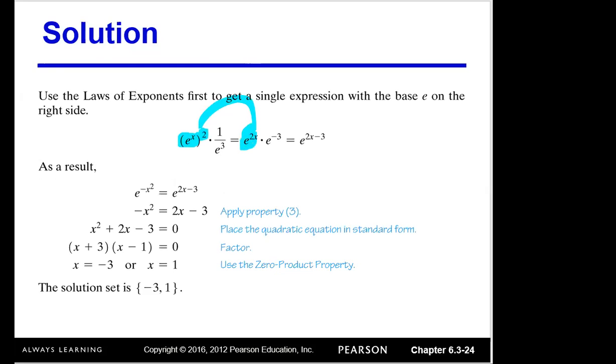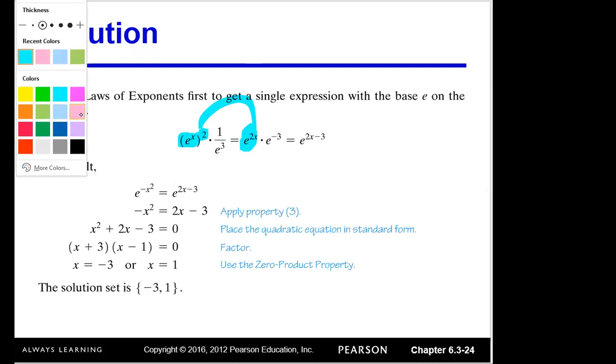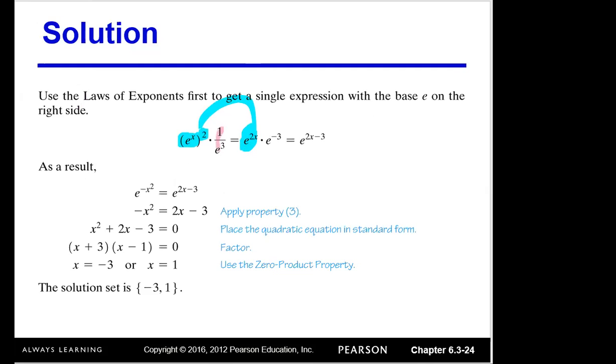That gave them e to the 2x. And then they took the 1 over e cubed and changed it to e to the negative 3. And then because they had an e to the 2x times an e to the negative 3, you're supposed to add your exponents together. So 2x plus negative 3 would be e to the 2x minus 3. And that's what they put on the right side.